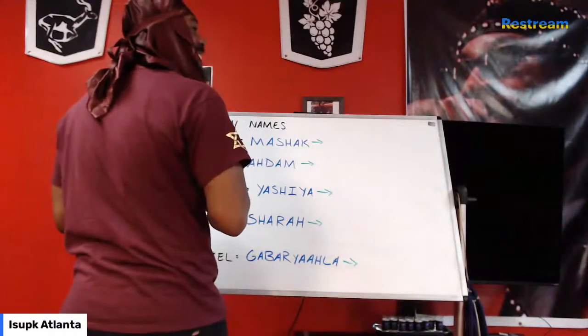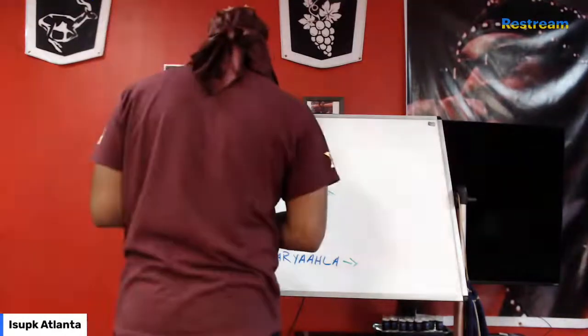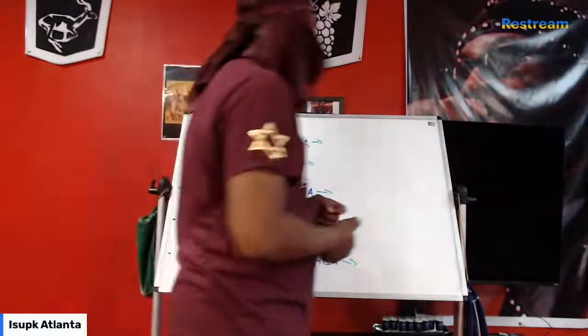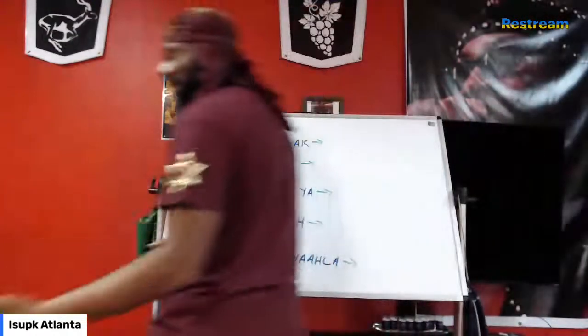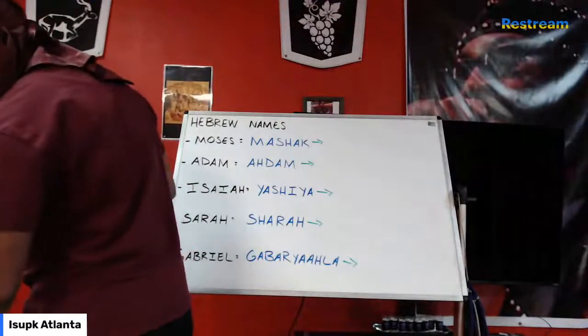Is anything on the board? We need you to look at the board and tell me what is wrong with the board. Let's go. I'll give you a hint: Exodus. Exodus chapter 2.